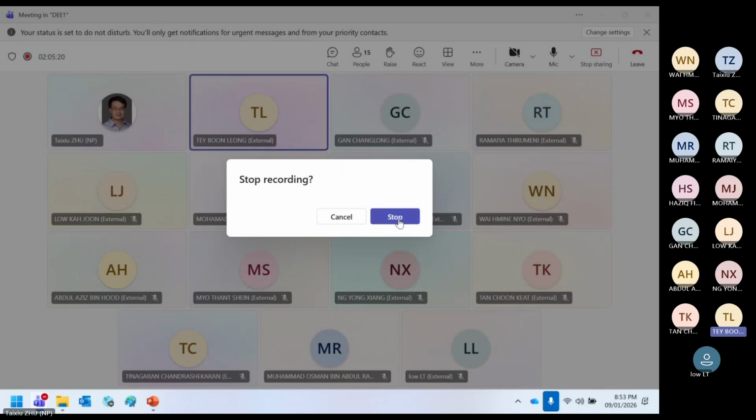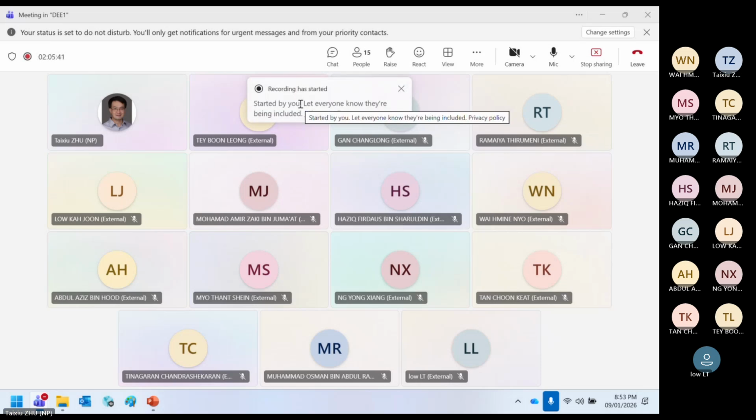Just now this message never appeared. But something interesting, when I click on stop, then the recording will start. Look, see? Recording has started by you.